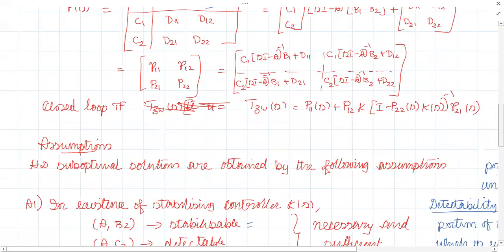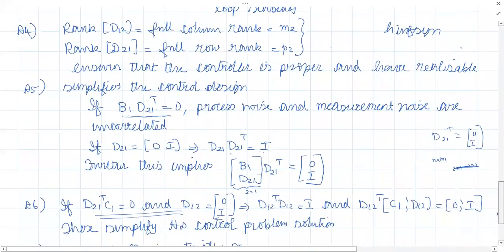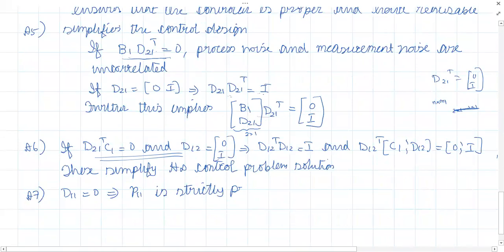What's the D21? Sir, D21 matrix should be 2 cross 2 matrix. B1, D21. If B1 is 1 cross 2 and D21 is 1 cross 2, then if we multiply, we'll get 0 and I. No, I think I wrote this from these two relations. This is one and this is 2. From these two, I am trying to.